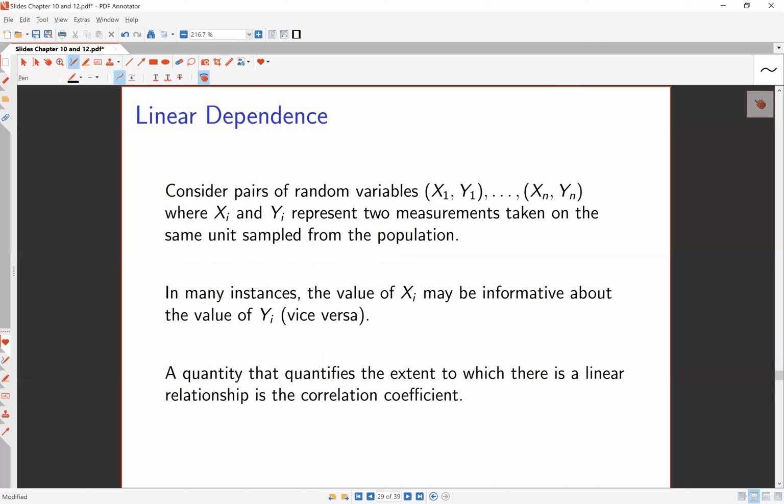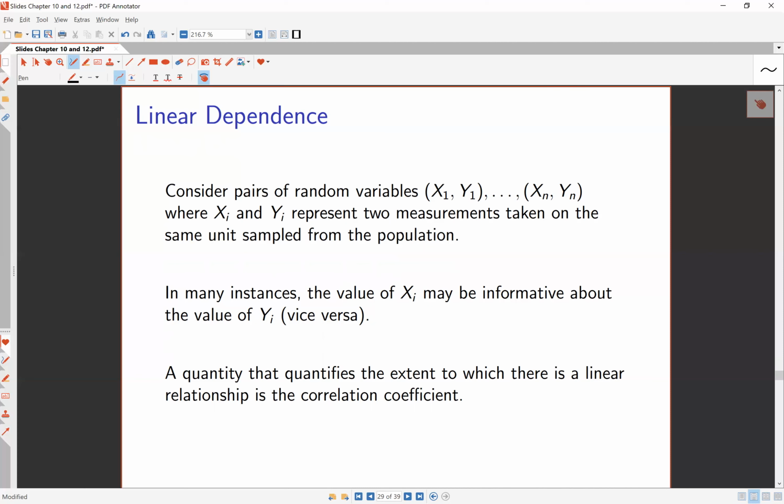And often this is done because it's believed that those two values may be associated with one another. Right, if I know what someone's shoe size is, that gives me some information about how tall they are. It's not a perfect relationship, but if I tell you I'm looking at two people, one of them wears size 5 shoes and one of them wears size 15 shoes, you would expect the one who wears a size 15 shoe to be much taller than the one who wears a size 5 shoe.